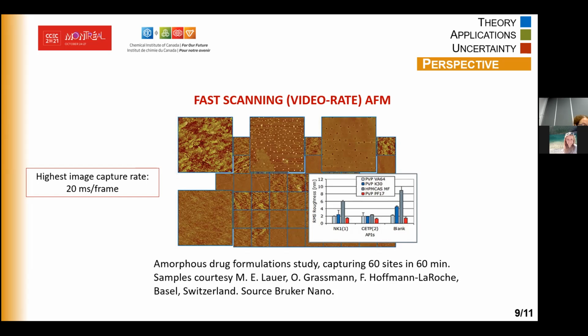And so fast scanning AFM allows the real-time visualization of dynamic, molecular or biomolecular processes, but also in the case of static samples, the ability to analyze thousands of images for meaningful statistics, such as the example presented in the overview for a drug formulation study.